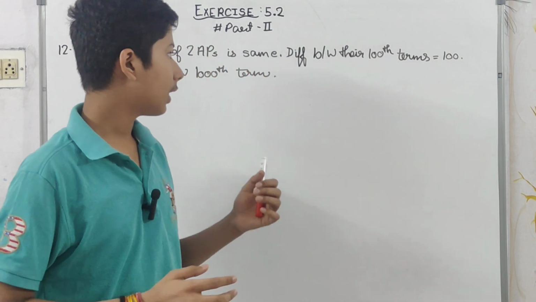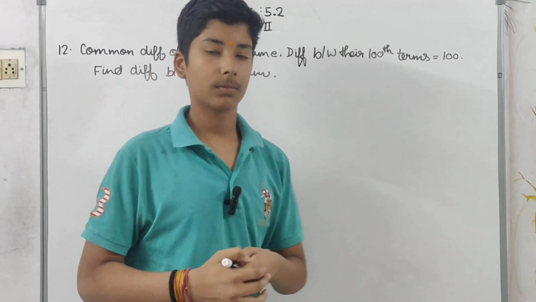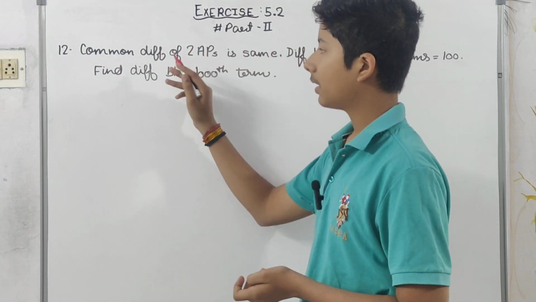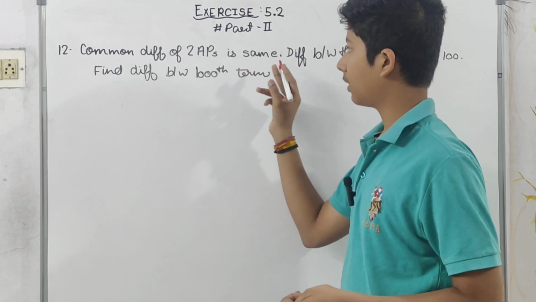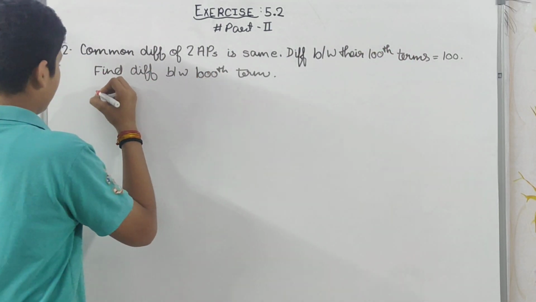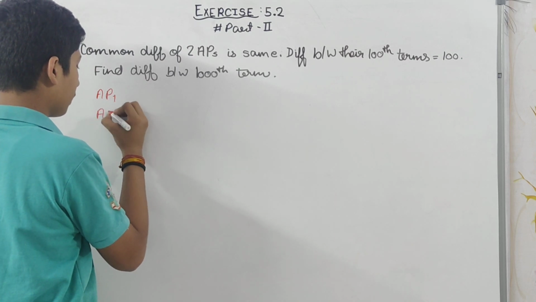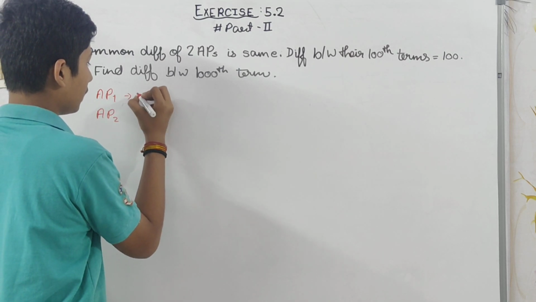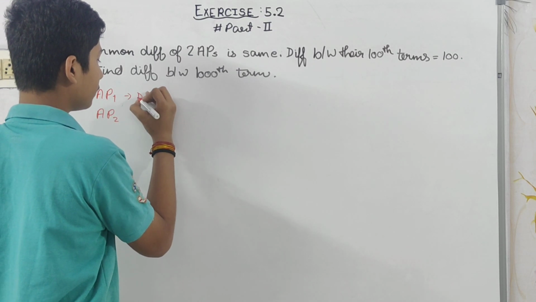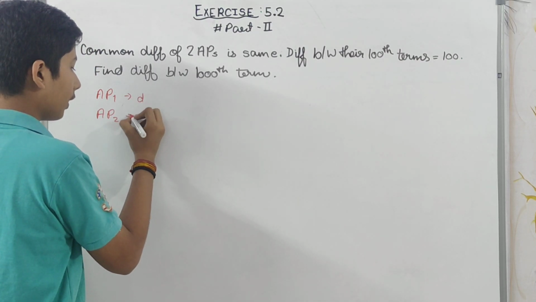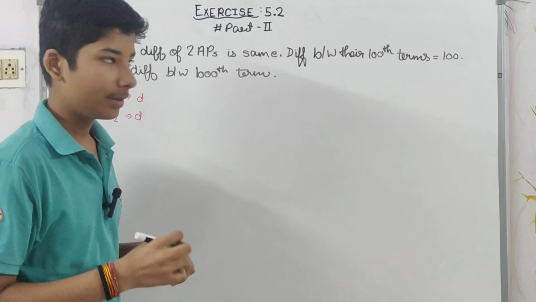Here in this question we have been given that the common difference between two APs is the same. So we'll write AP1, AP2. d equals small d, and here also small d, the common difference.